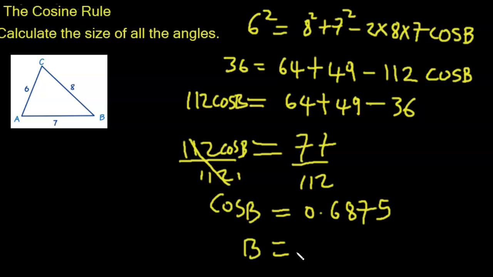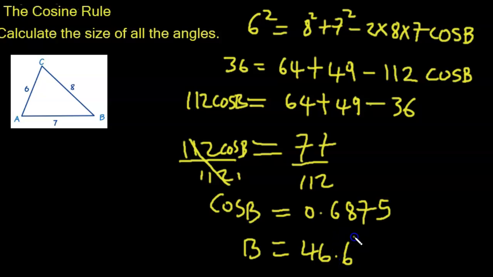So where's my calculator? We use second function, cos 0.6875, close the bracket, equals, and I get 46 point, we work with 1 decimal place, 46.6.